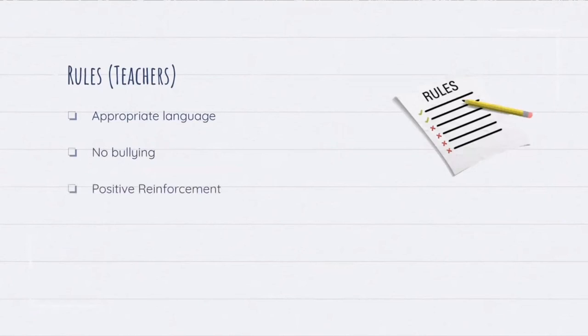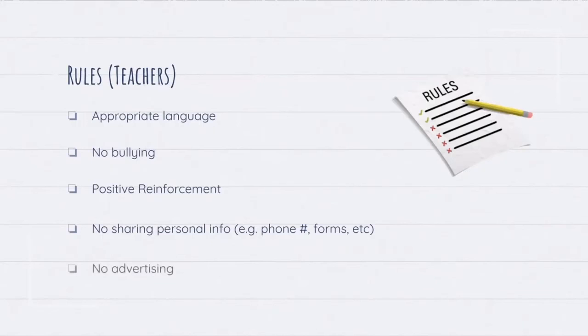And you want to use positive reinforcement, like encouraging words, like Anushka explained before. And also, you don't want to share your personal info, like your phone number and your email. You just don't want to share it. And you don't want to advertise because that just gets strange.